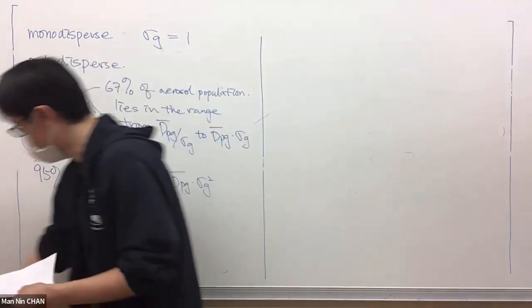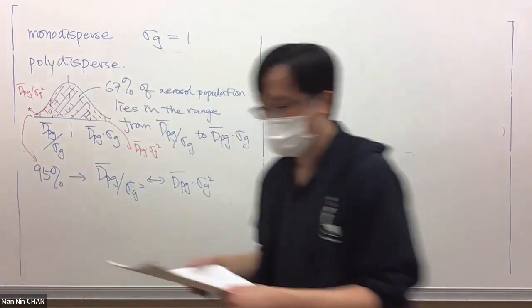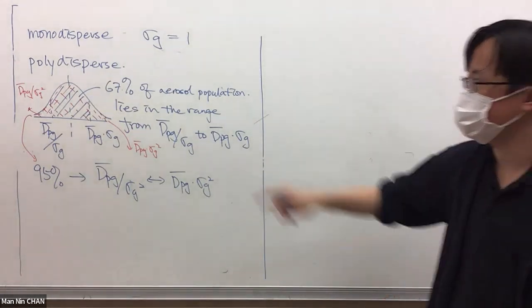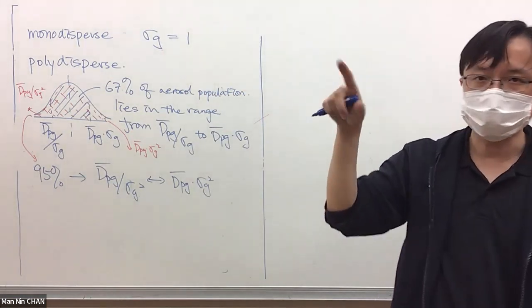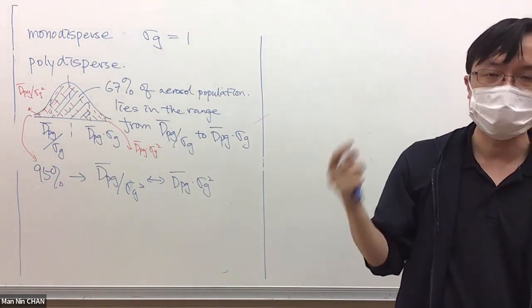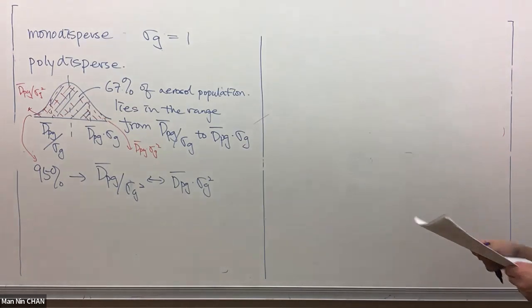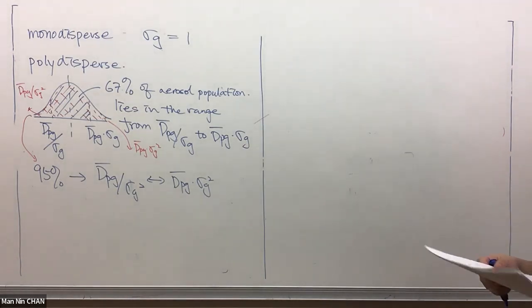Okay, one more thing. Now you know this sigma g is called the geometric standard deviation, and this dpg bar is what we call the median diameter. Most of the time people are interested in looking at the mean diameter.